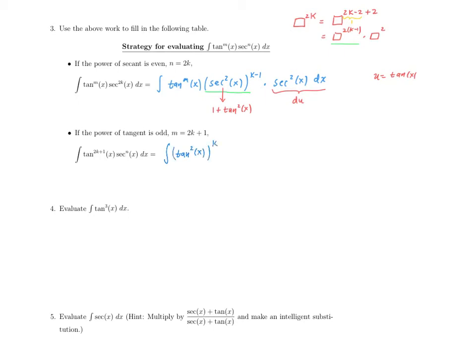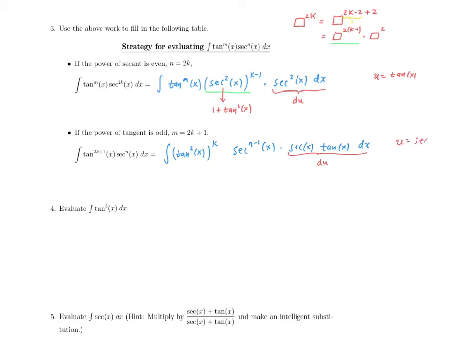That would be the 2k part. And then we're going to save a tangent for part of our du. Similarly, we're going to say secant to the nth power can be secant to the n minus first power times secant. So with this in mind, our du is going to be secant tangent.